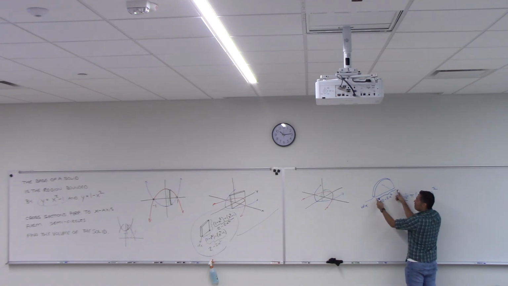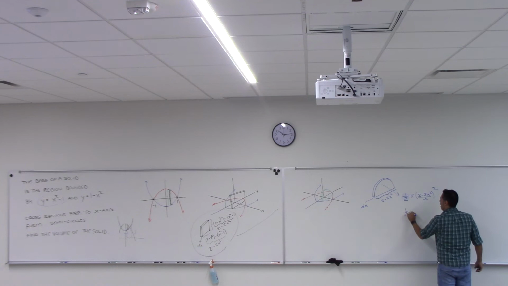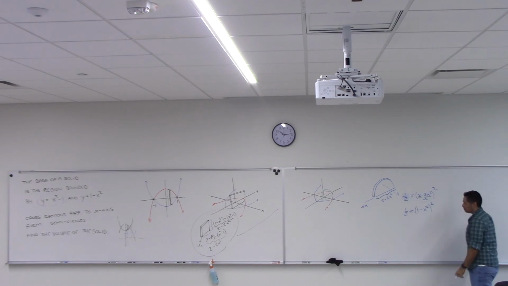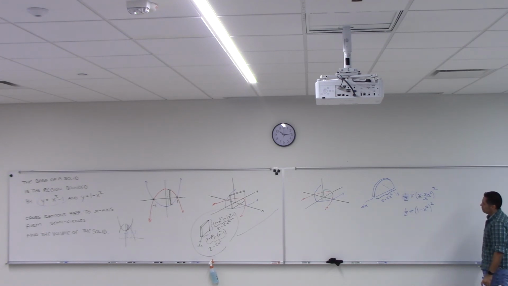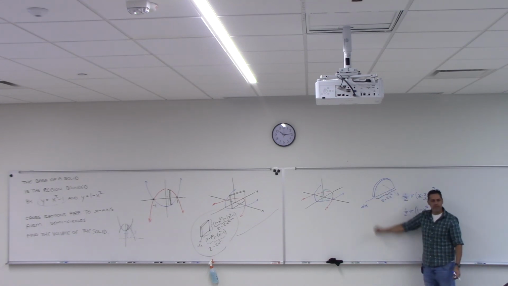But now we want the radius, which would be half that distance. And that just becomes 1/2 pi. And then when you take the 2 and divide each one, we just get 1 minus x squared, but then that quantity squared. So that's the area of that face, and then times the thickness, right?